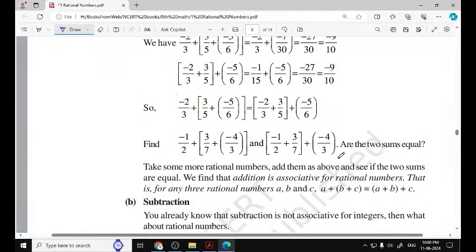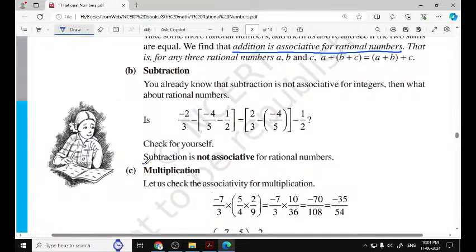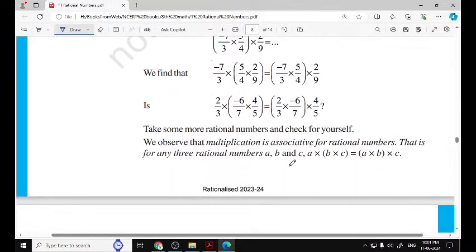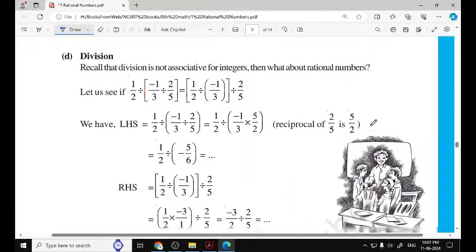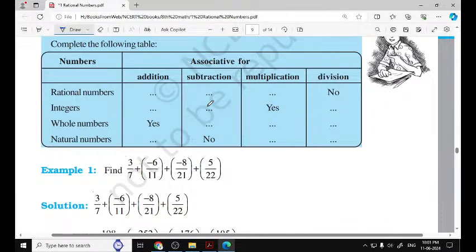Same can be proved for rational numbers. Addition is associative for rational numbers. Subtraction is not associative for rational numbers. Multiplication is associative for rational numbers, and division is not associative for rational numbers. Addition is associative for rational numbers, subtraction is not associative.